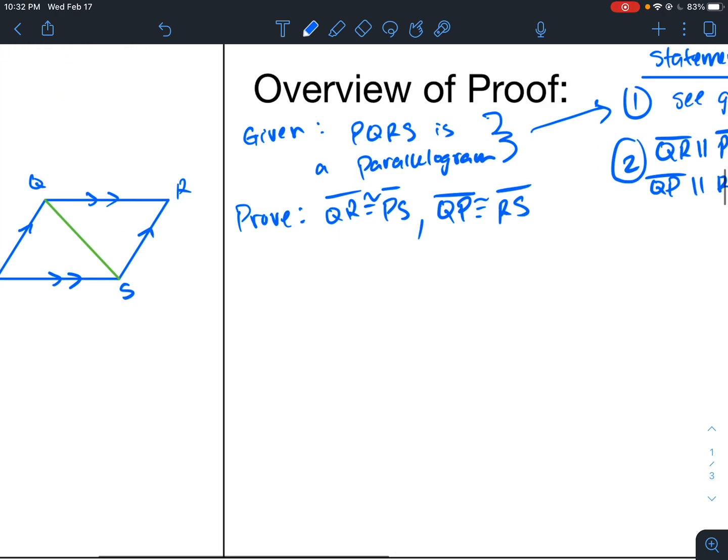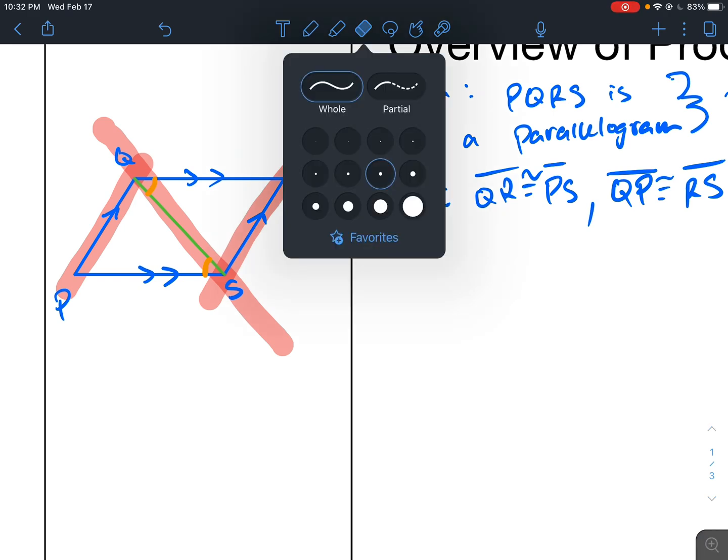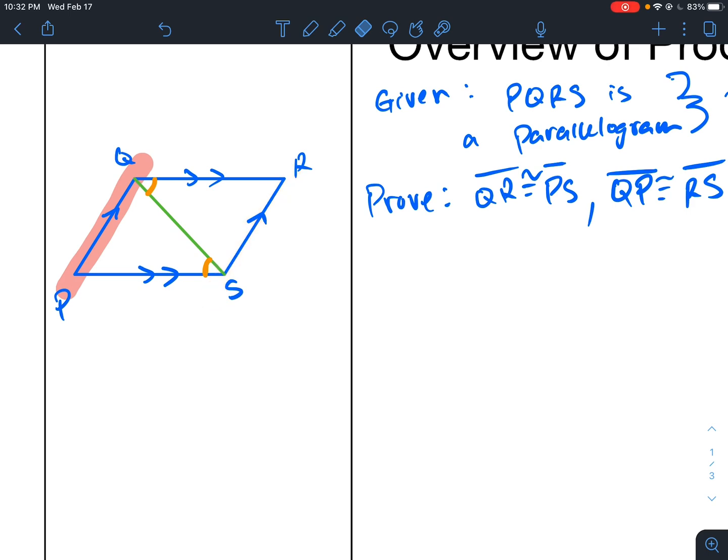Okay, so as you can see here, because I have 2 parallel sides right here, this line acts as a transversal, which means that this angle right here and this angle right here are congruent, because these are alternate interior angles. Likewise, this angle right here is congruent with this angle right here because of alternate interior angles.